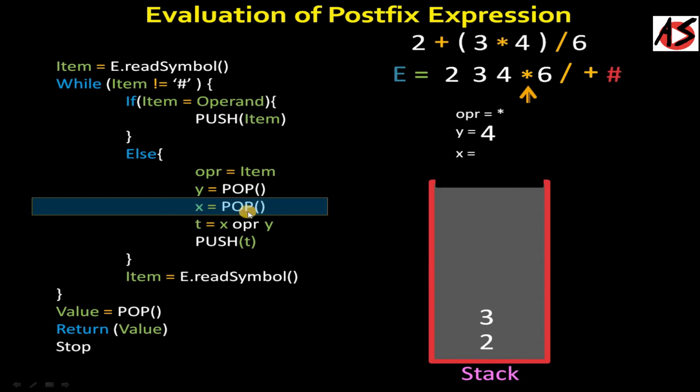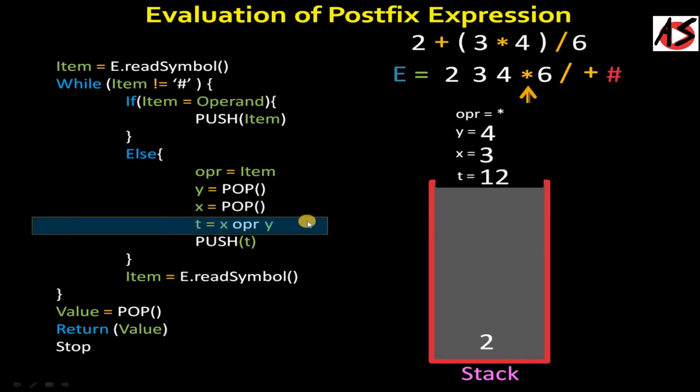Again we pop one value for the x variable, so now x is equal to 3. Now we take t is equal to x operator y. Here x is equal to 3, operator is equal to multiplication, and y is equal to 4. So 3 multiplied by 4 is 12.